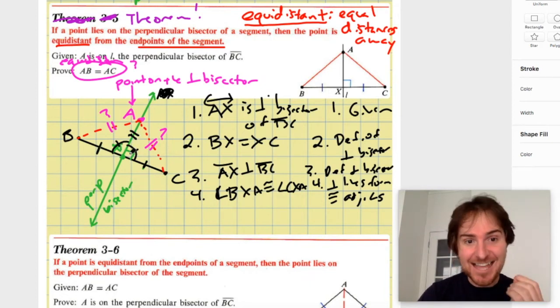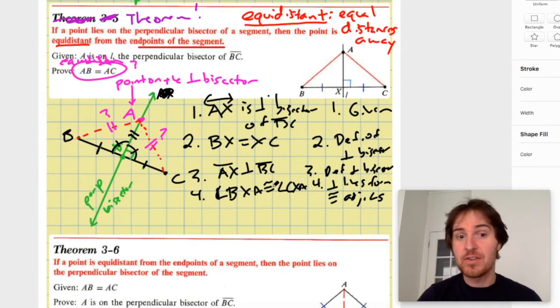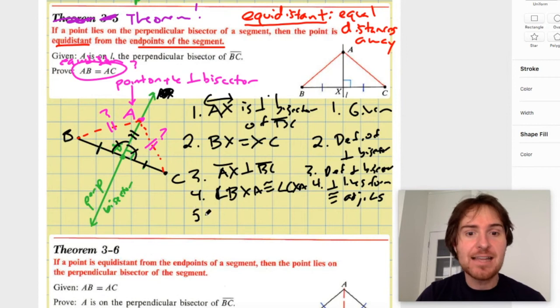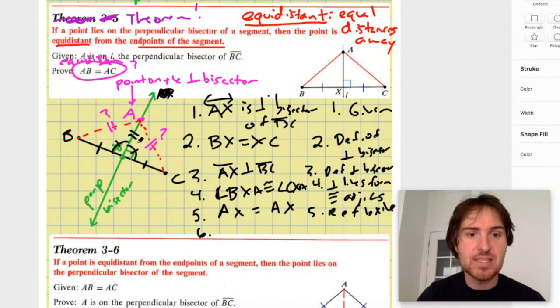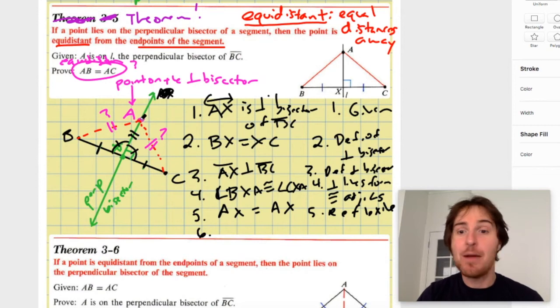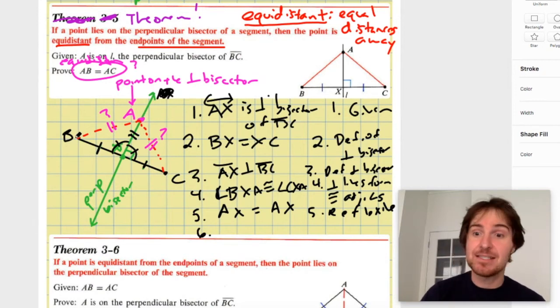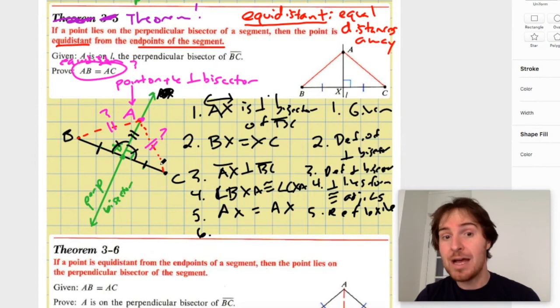SAS and SAS, right? Because of what we said previously about perpendicular lines forming congruent adjacent angles here. So I've got to say that reflexive part: AX equals AX, and that's by reflexive. And we're going to get to our goal very soon, which is showing that point A, which is on the perpendicular bisector, is the same distance to B as it is to C, okay?